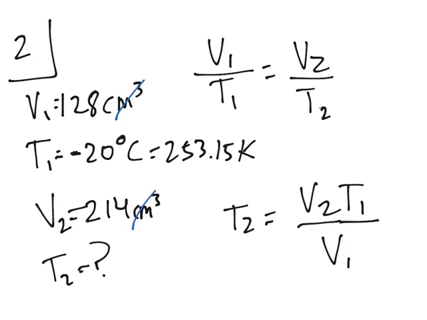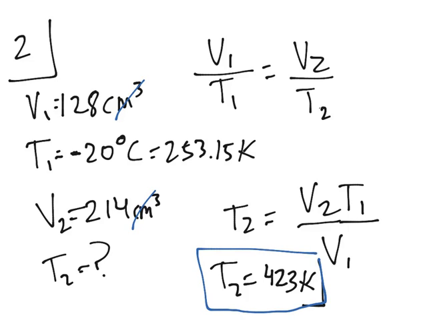So you simply plug in the values, so it'll be 214 centimeters cubed times 253.15 Kelvin over 128 centimeters cubed. That gives us a temperature of 423 Kelvin, and that is the temperature at which the gas will reach 214 centimeters cubed.